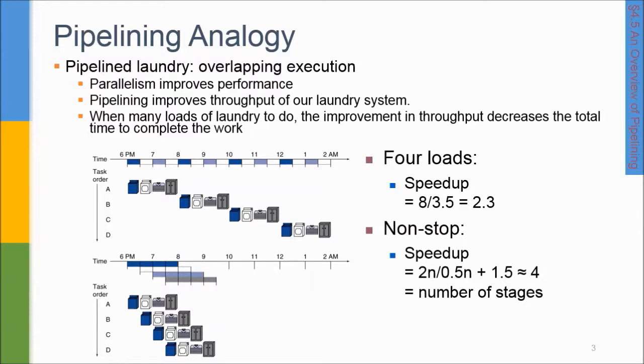In this case, there are four stages: washing, drying, folding, and putting away. Therefore, pipelined laundry is potentially 4 times faster than non-pipelined.